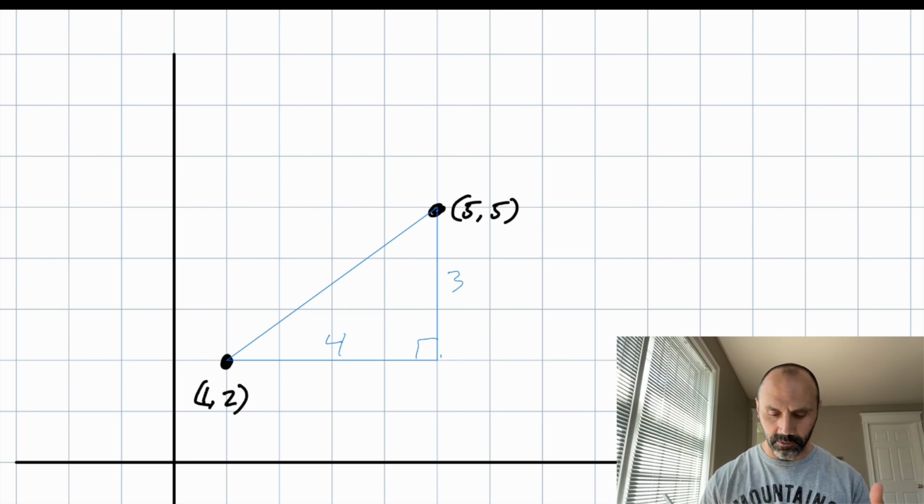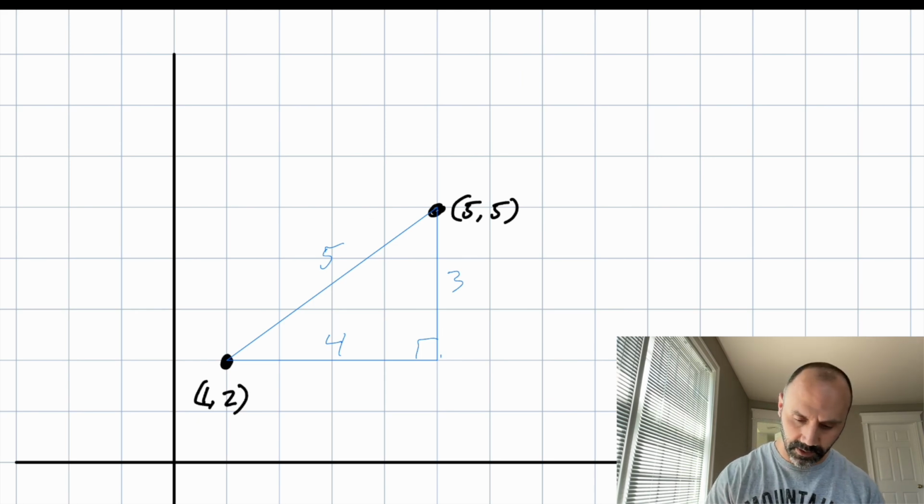And so you can use the Pythagorean theorem. If you know your Pythagorean triples, then you know right away this is a 3, 4, 5 right triangle. But let's say you don't know your Pythagorean triples. So how would this work? Well, you know that a squared plus b squared equals c squared.